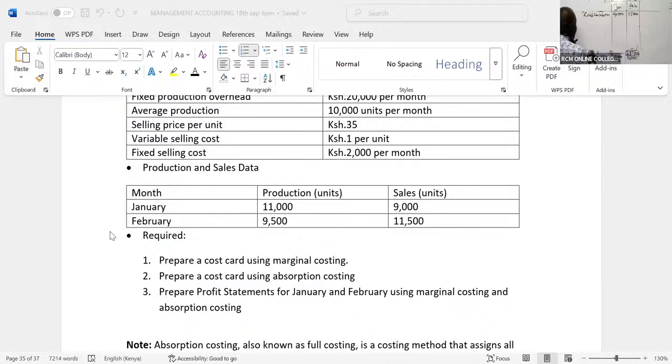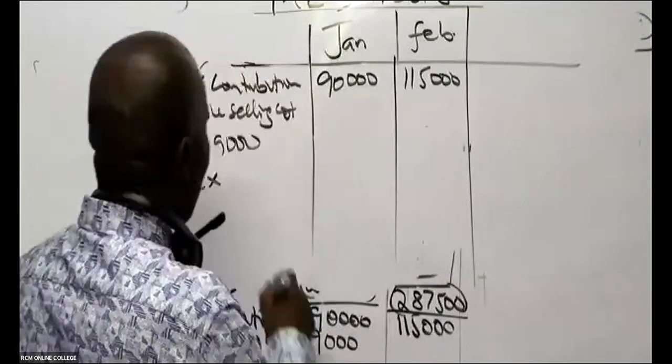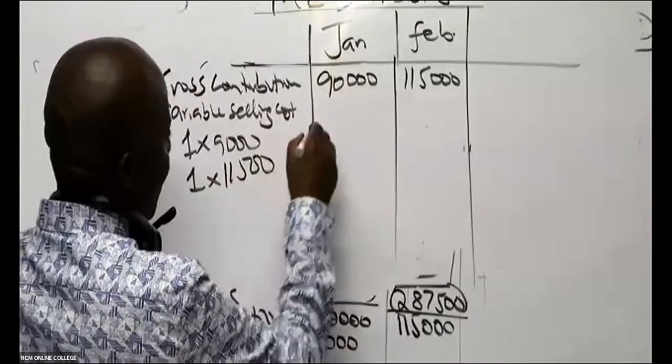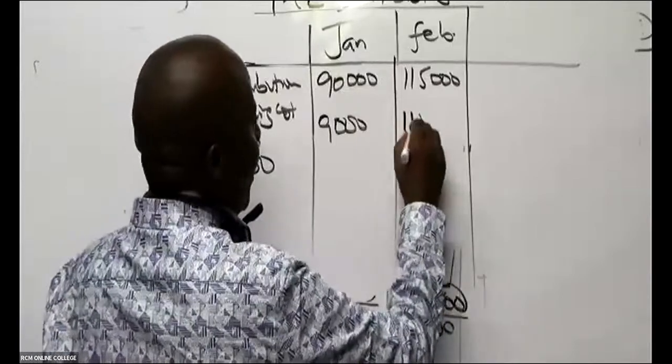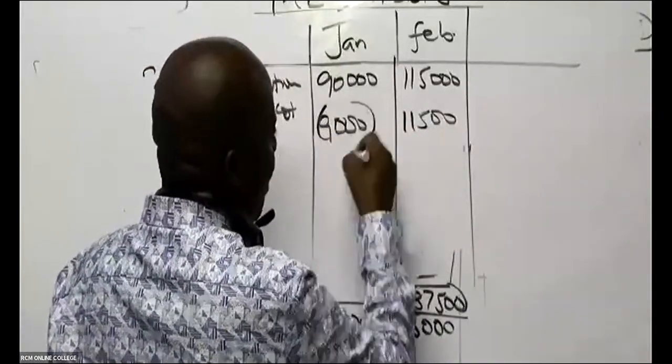And then we come under less the variable selling costs. January, it will be 1 times 9,000. February, it will be 1 times how many units do we sell in February? 11,500. So we sold 11,500. So this will be 9,000, and this one here will be 11,500. Please subtract. That is the only one.